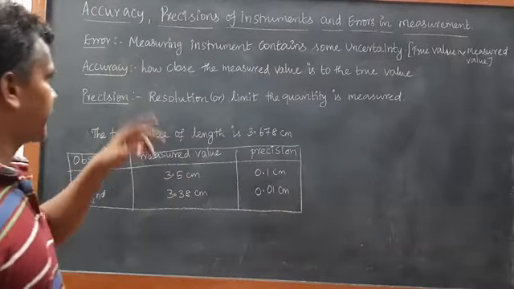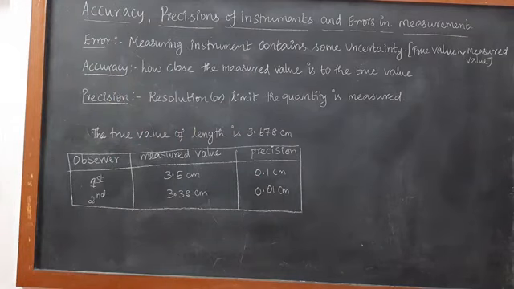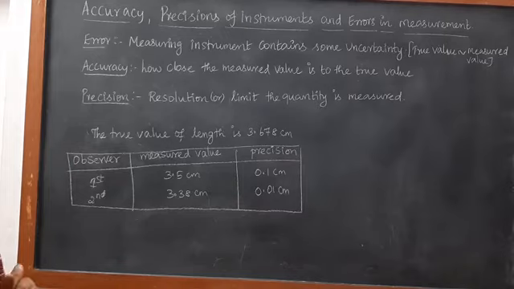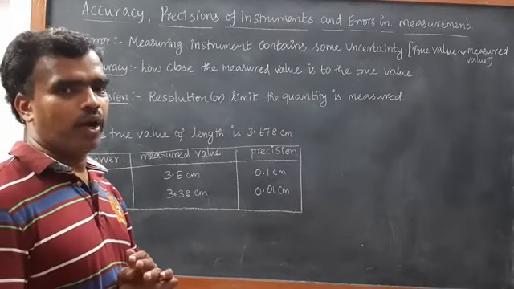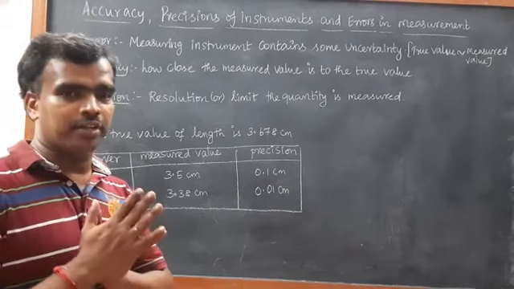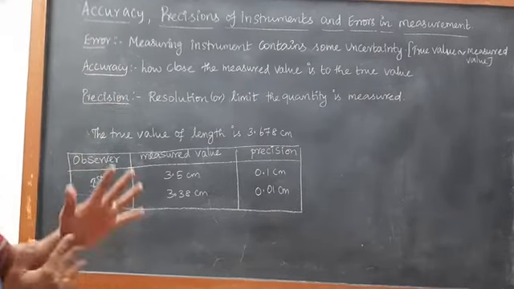The second one is accuracy: how close the measured value is to the true value. And the third one is precision: the resolution or the limit to which the quantity is measured. So how fine a resolution or limit we make for the measured quantity, right?